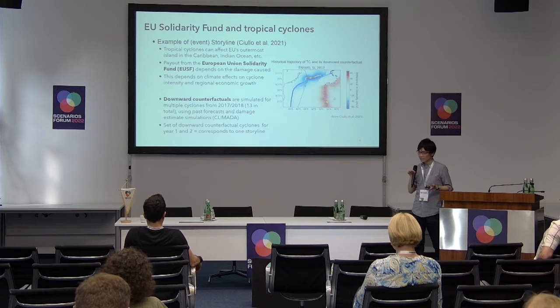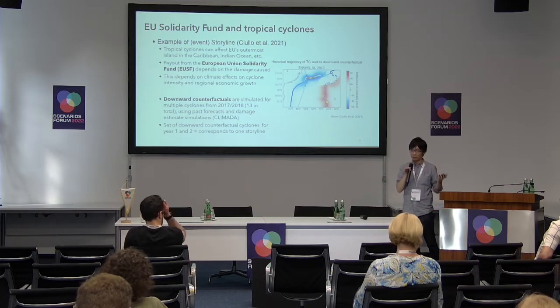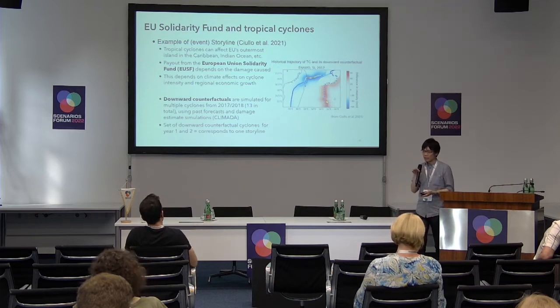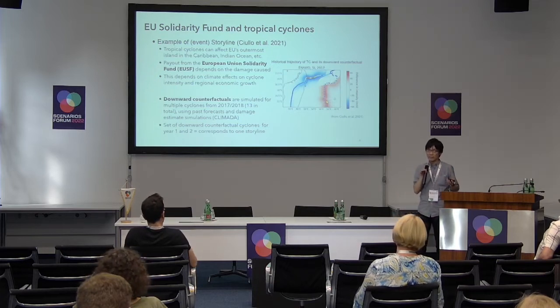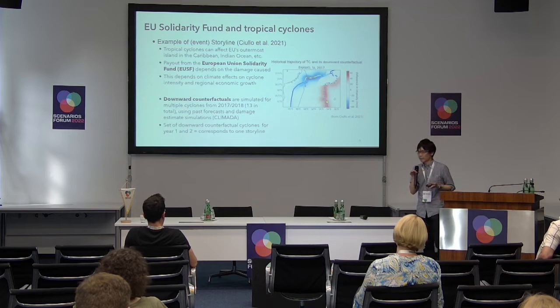Now, EU nations have islands outside Europe, say in the Caribbean or the Indian Ocean. So when tropical cyclones hit those areas and cause damages, the EU Solidarity Fund comes in to pay out for the damages caused.